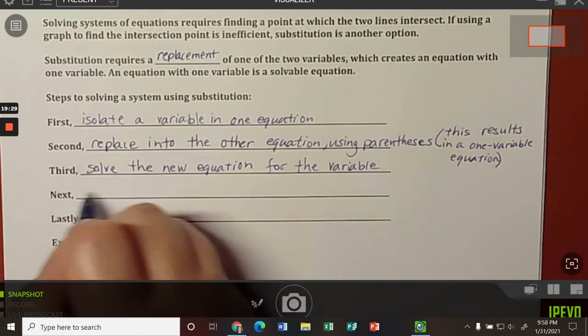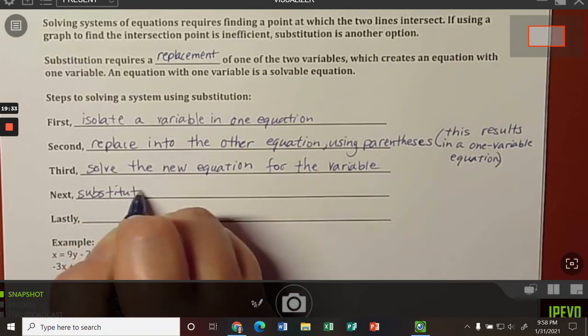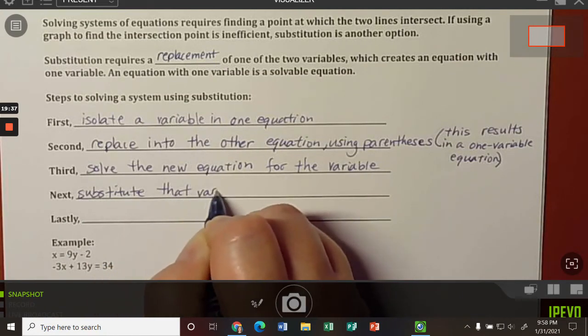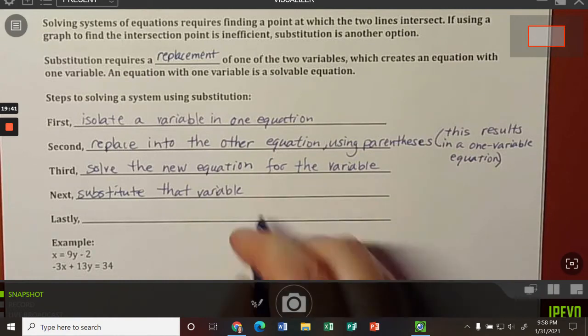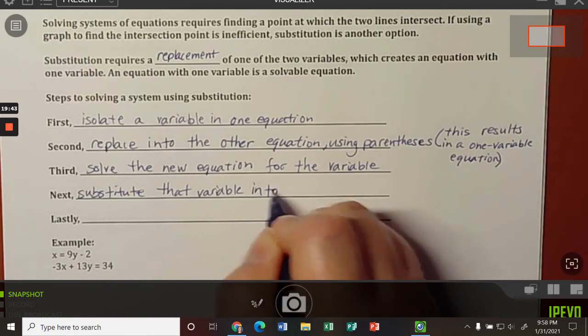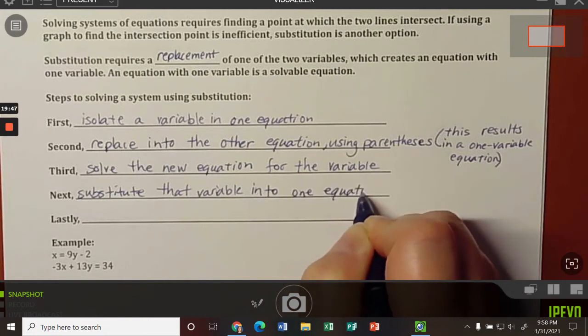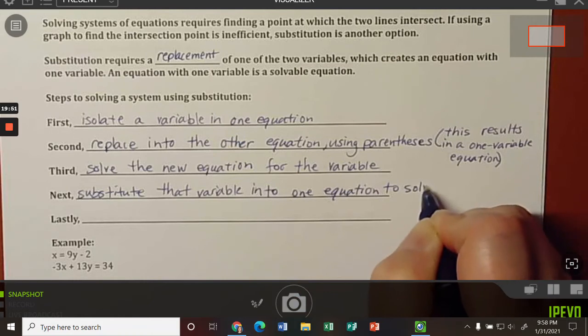So next, substitute that variable that you just solved for into one equation to solve for the other variable.